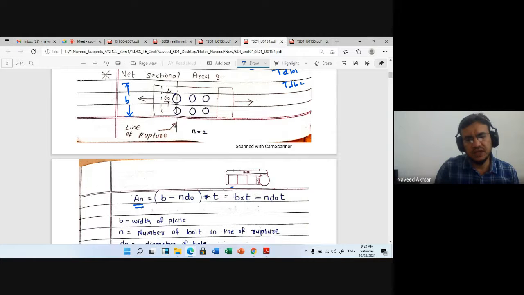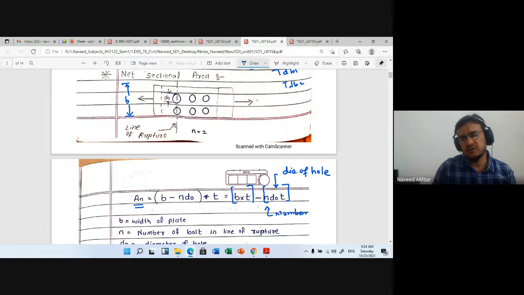So BT is the whole area, and then N D0 into T, where D0 is the diameter of the hole and N is the number of holes, which you deduct, and you will get the net area of the section.